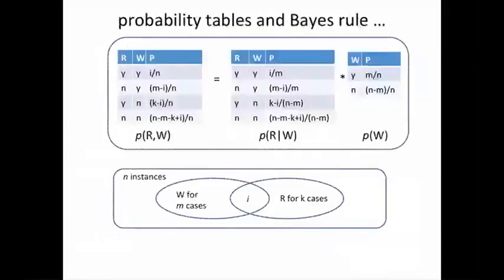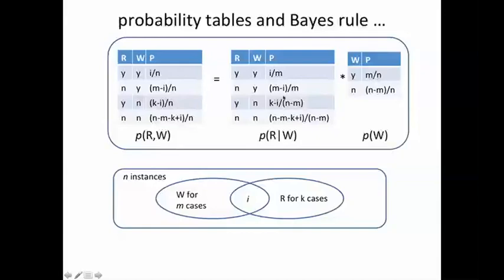Now let's see how we might write Bayes' rule in terms of these potentials or probability tables. Remember that Bayes' rule stated that the joint probability of R and W together is the conditional probability of R given W multiplied by the probability of W itself, which was in the simplest case of yes and yes, we were simply writing I over n as I over m times m over n, simple arithmetic.